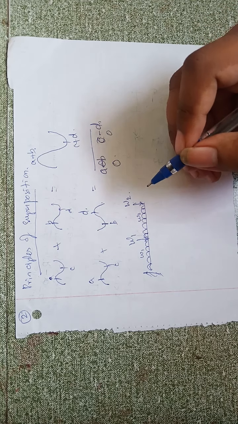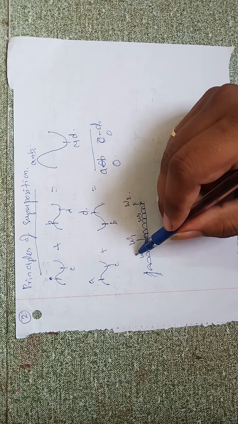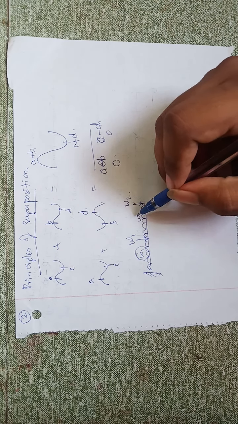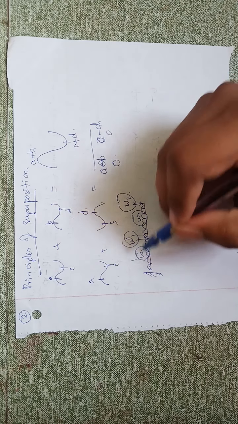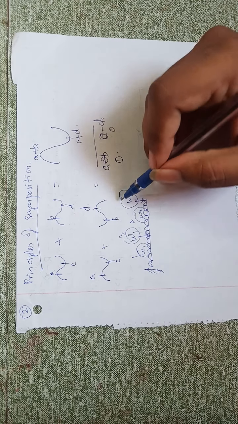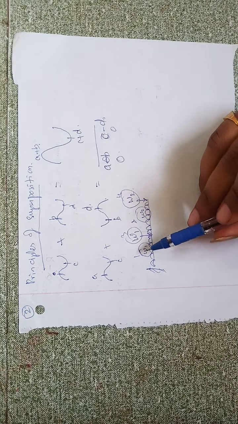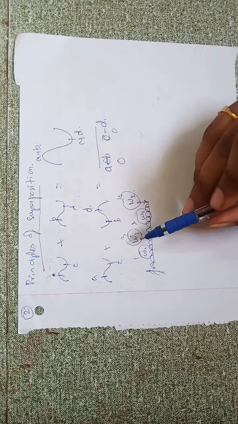To analyze this, you can separate each load. So take first W1, then W2, then W3, then W4: 1, 2, 3 and 4. Take each separate force and find out the deflection or the slope at any point. So I am going to take the slope and deflection at the end.